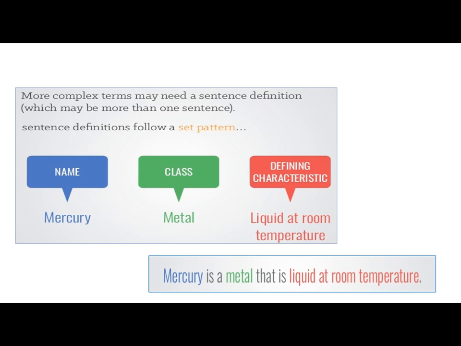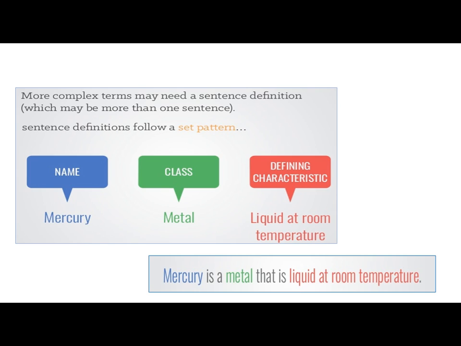More complex terms may need a sentence definition, which may be more than one sentence. Sentence definitions follow a set pattern. The blue one is the term itself, the noun we have to write here under the name. Next, class, what type it belongs to. For mercury, the class is metal.